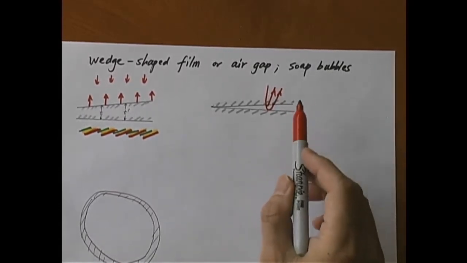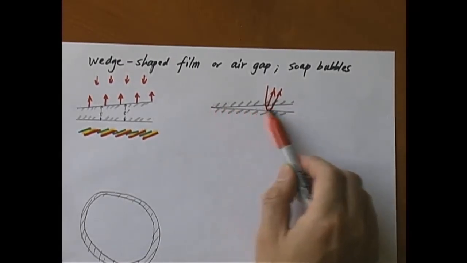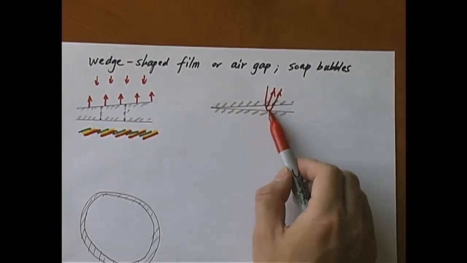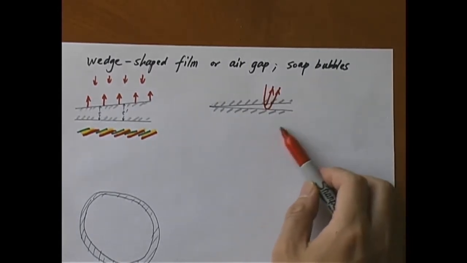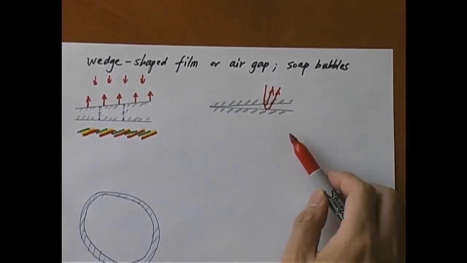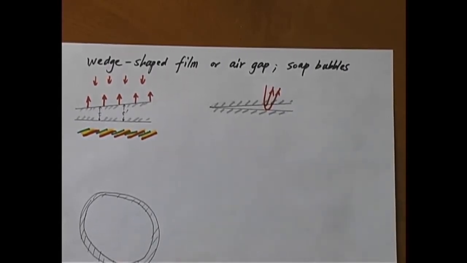This is in fact just like Newton's ring, except in this case, because this is straight and that is straight, the thickness t grows uniformly, and therefore you are going to get evenly spaced rings or fringes like that.